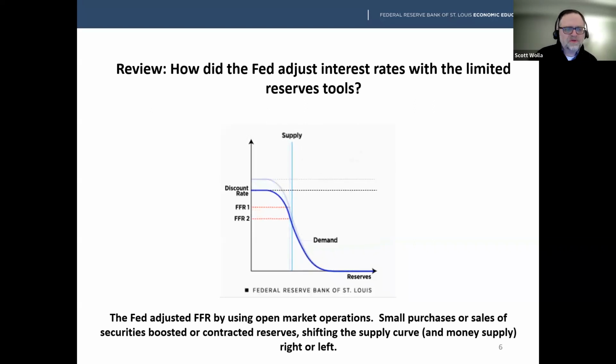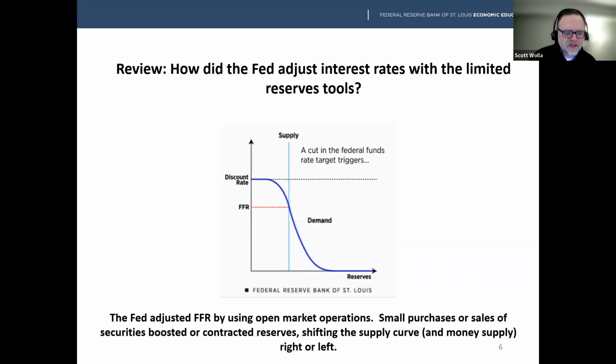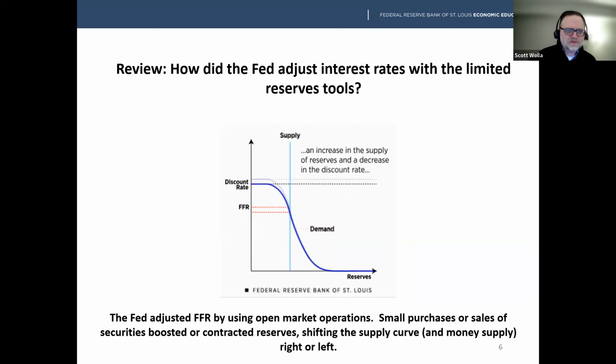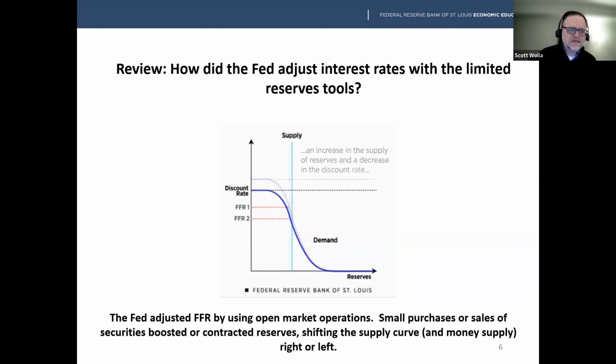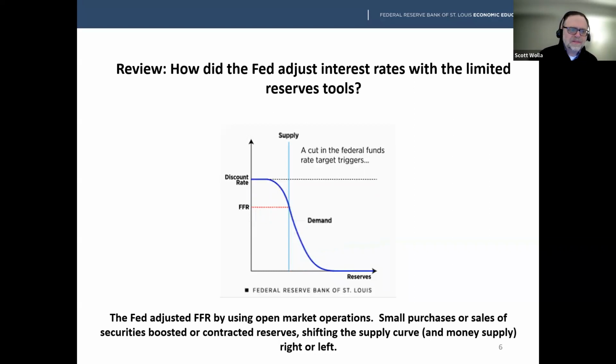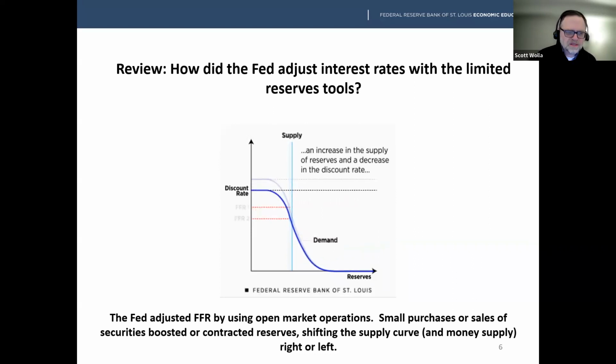And so the Fed would go into the open market, specifically the trading desk at the New York Fed. The open market trading desk would interact with financial markets, and they would buy and sell securities in the open market. By buying and selling securities, they would increase and decrease the supply of reserves in the banking system.